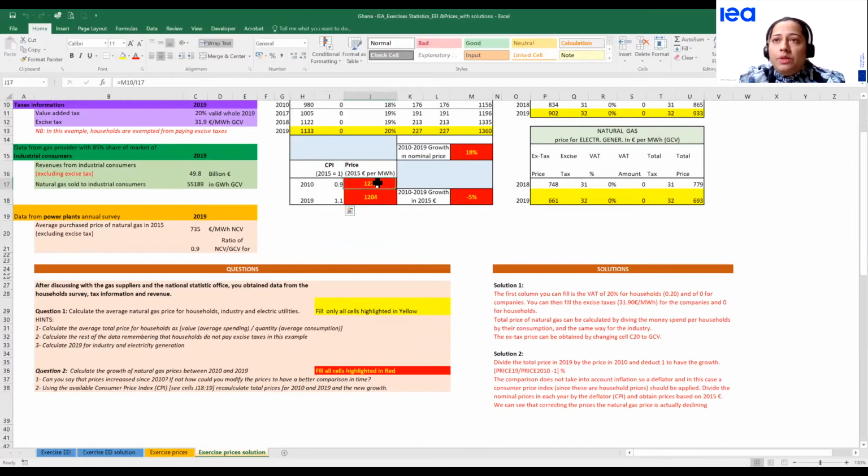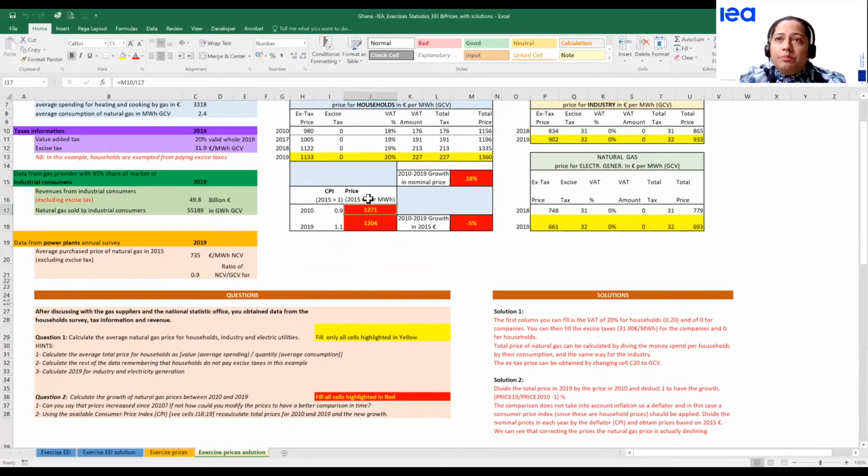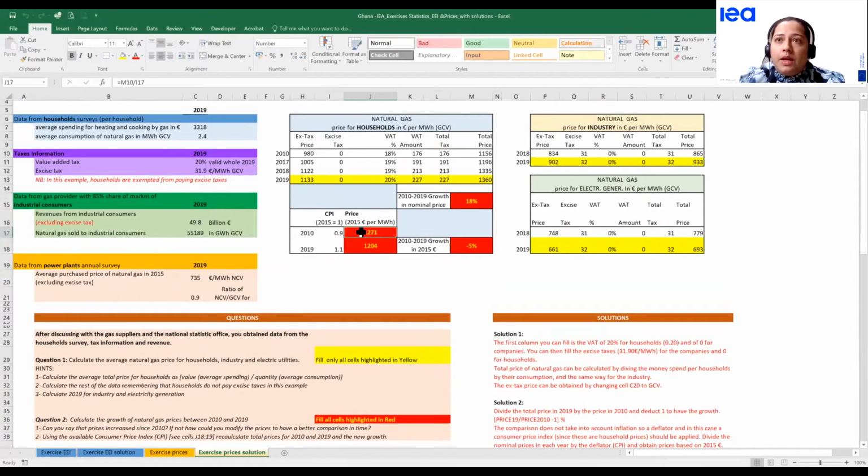So what will we do? We will recalculate the price adjusted to the CPI. We take the nominal price for 2010 and divide it by the CPI. So we get the adjusted price, the price in real terms for 2010, and the same for 2019.